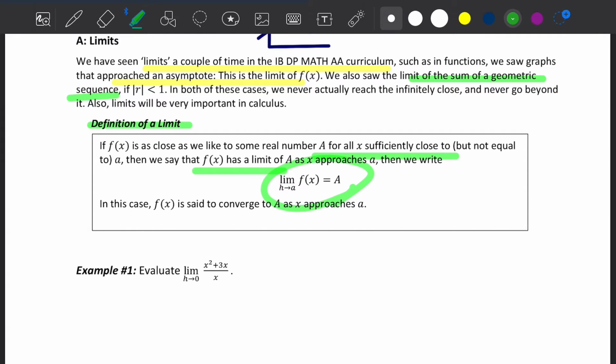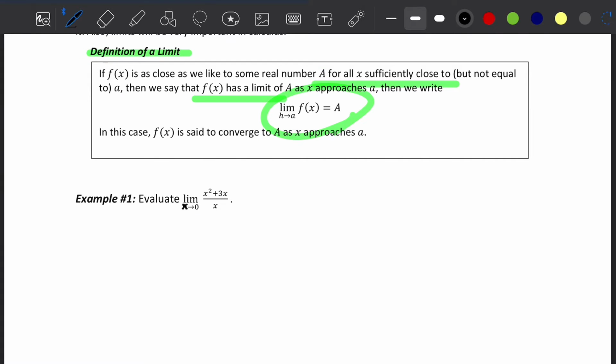So let's do an example. Let's do example number 1. We wish to find the limit of x squared plus 3x over x as x approaches 0. I'm going to call this x squared plus 3x over x the function f of x.